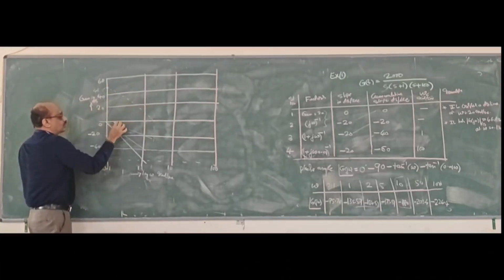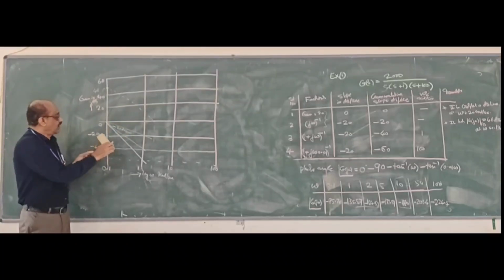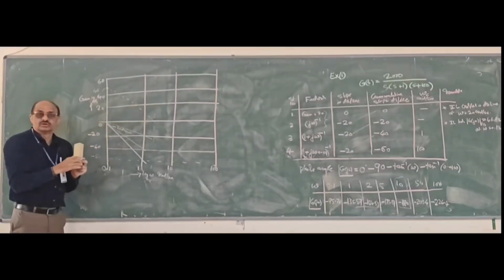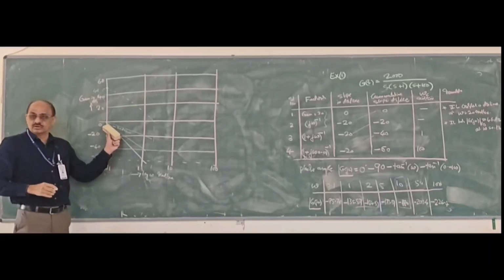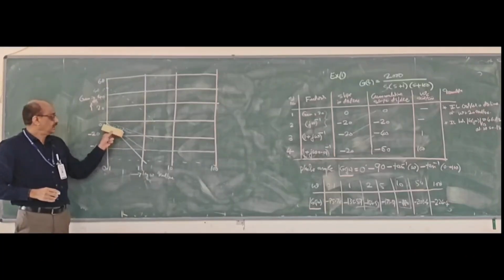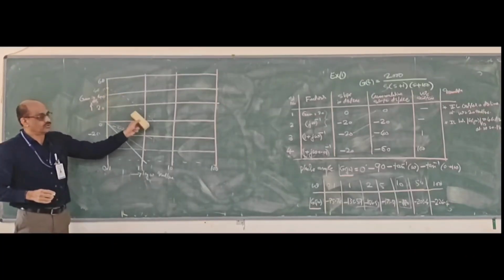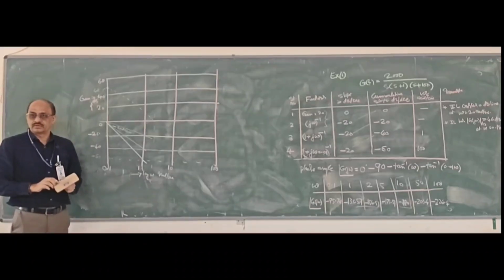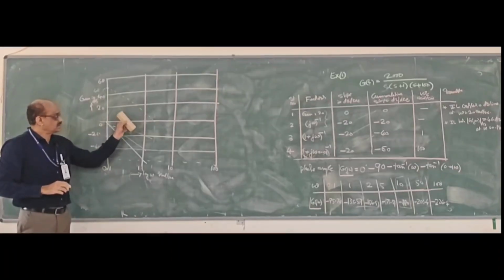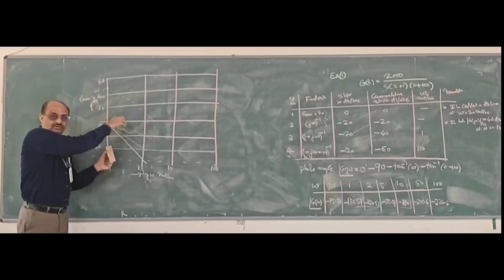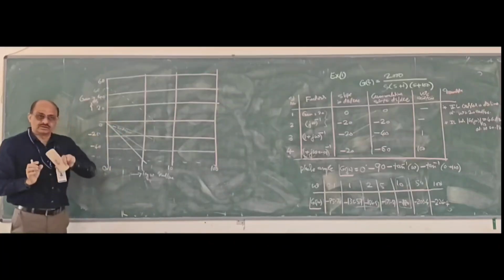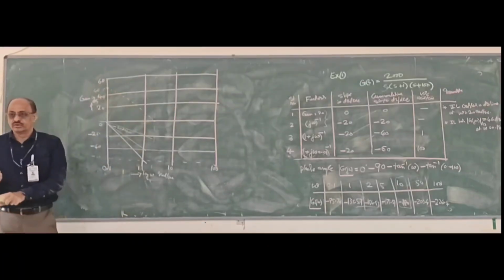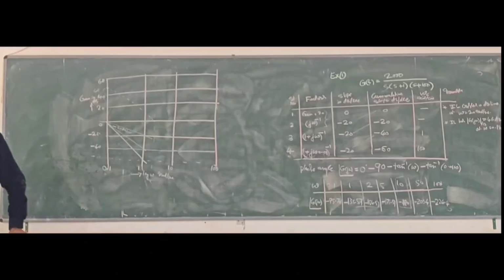So these two are parallel lines. You can use the Roland draw scale, parallel to minus 40, you can draw minus 20. For me, I don't have it in the instrument, so I am doing a rough sketch. So you have to do it properly.